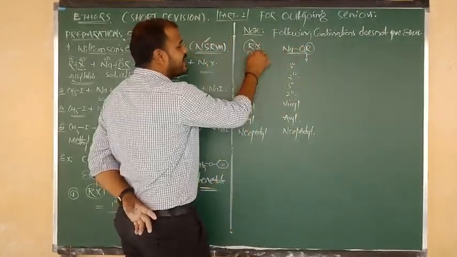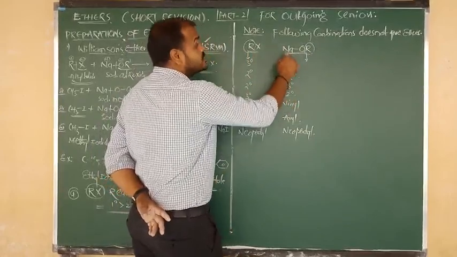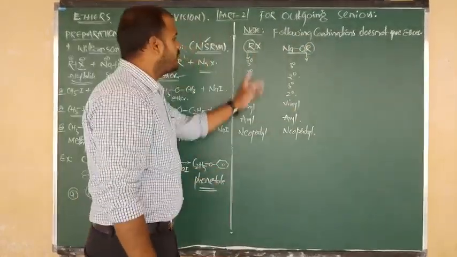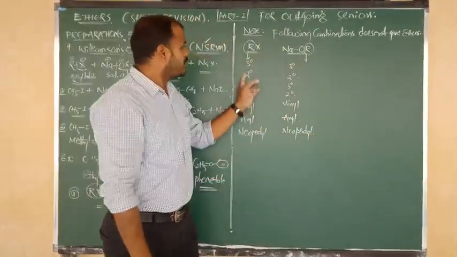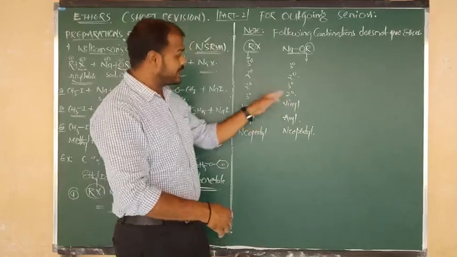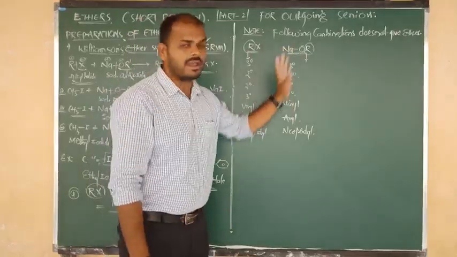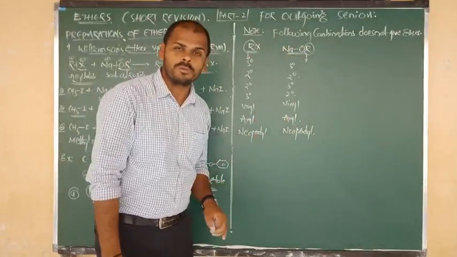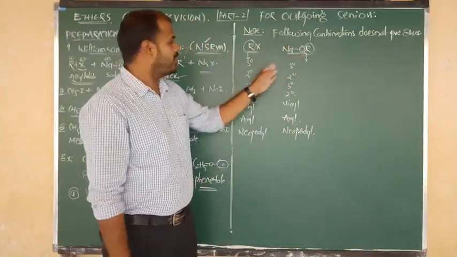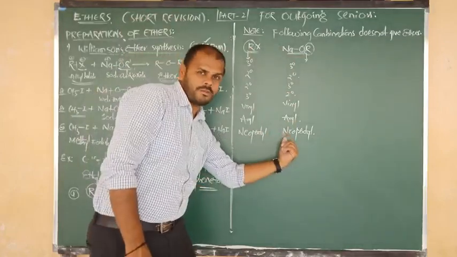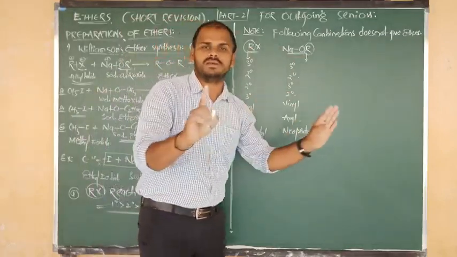Secondary alkyl halide with sodium tertiary alkoxide also does not form the ether. Tertiary, no product. Secondary, no product. Secondary, tertiary, no product. Tertiary, secondary, no product. Vinyl, no product. Aryl, no product. Neopentyl, no product. In place of R, if these substituents are there, such combinations won't form the products.